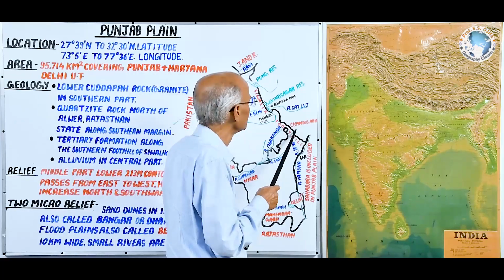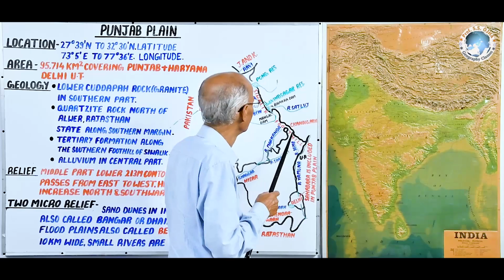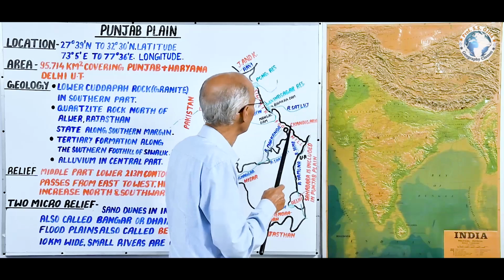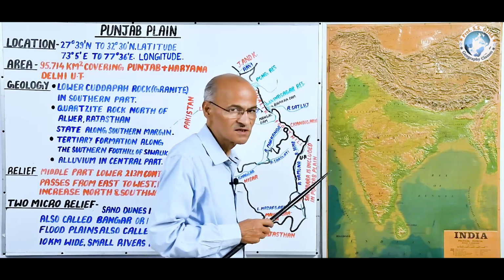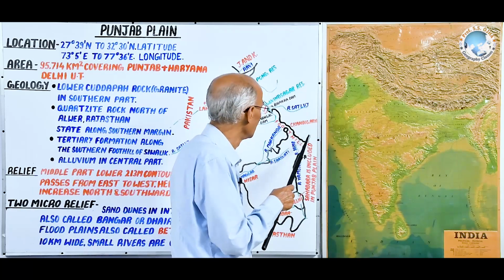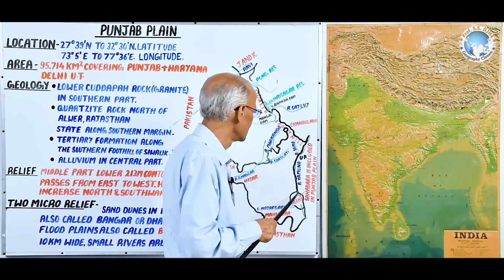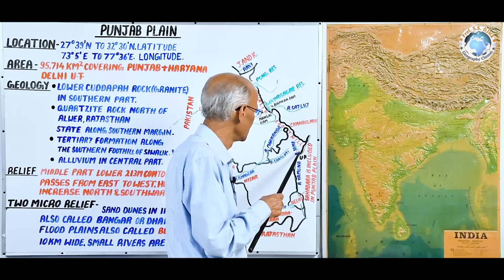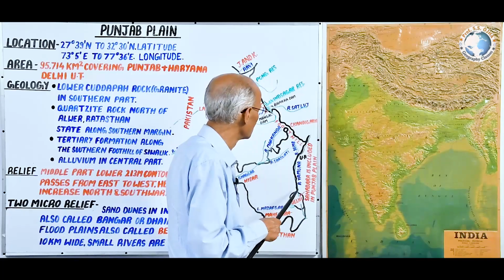One important thing is that here is Chandigarh. Chandigarh is at the border of Himachal Pradesh and Punjab. You will have its clear location, and here along the eastern border river Yamuna drains from north to south.